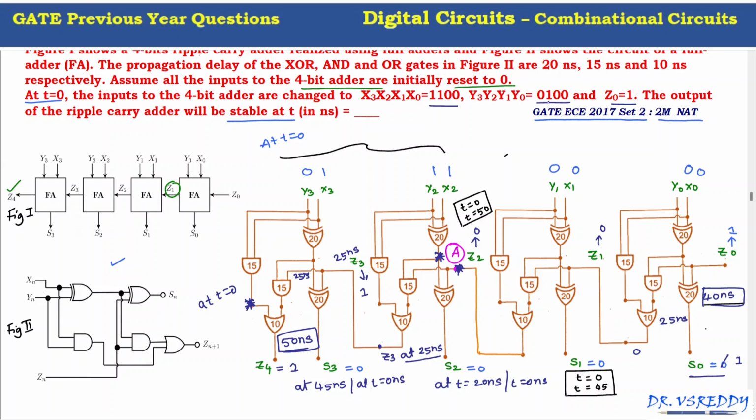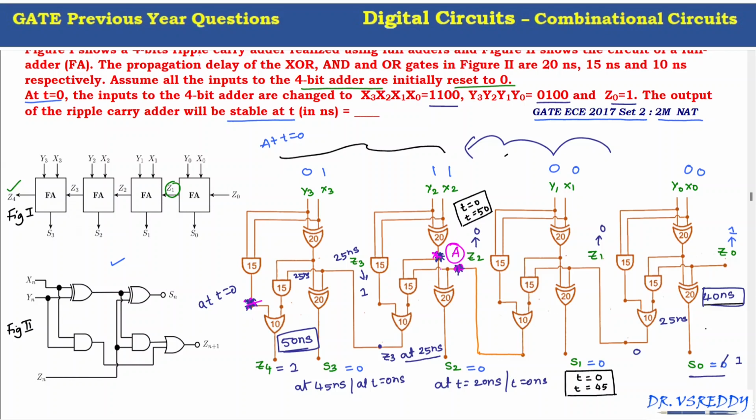For other input combinations it may require more time, because the carry is propagated from one full adder to another full adder. So it requires more time. But for the given combination, the Z2 is 0 at t equal to 0, and at t equal to 50 nanosecond. If you see these points, especially these 3 points, the output at these 3 points has the same value even after 50 nanosecond and at t equal to 0 also, because the applied input combination does not cause any changes at this location.